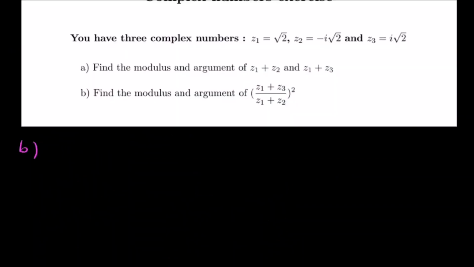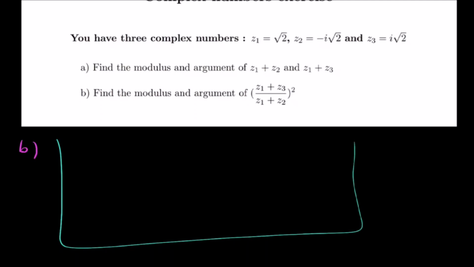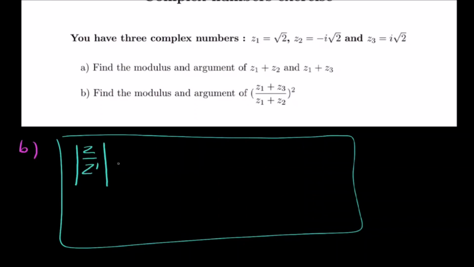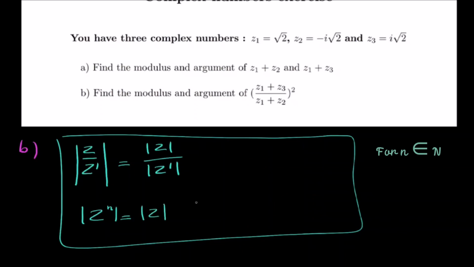For the question B, I'm going to make a little reminder here. So the modulus of z over z prime is equal to the modulus of z over the modulus of z prime. The modulus of z power n equal the modulus of z power n. We can calculate the modulus and then put the power.